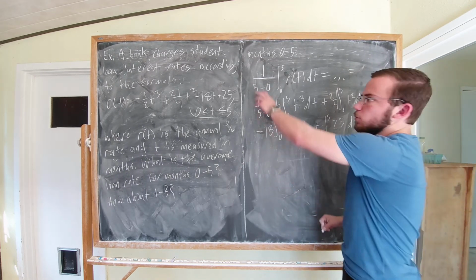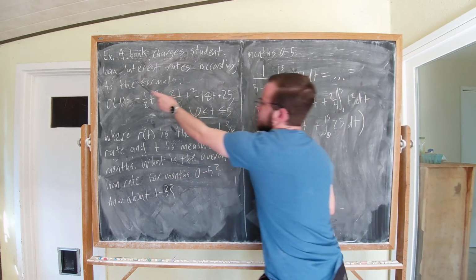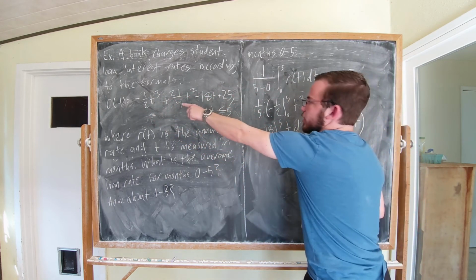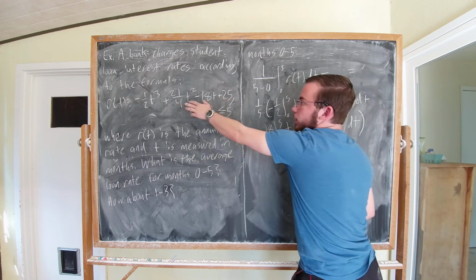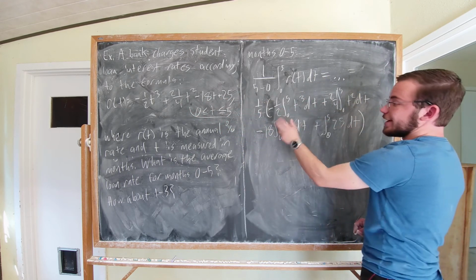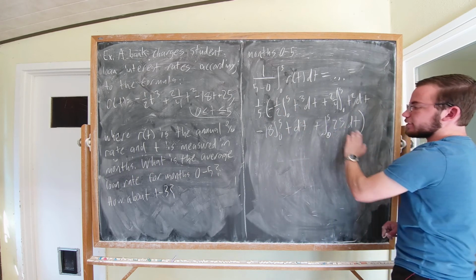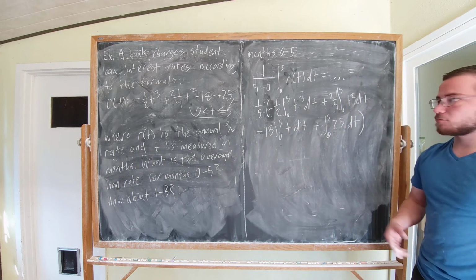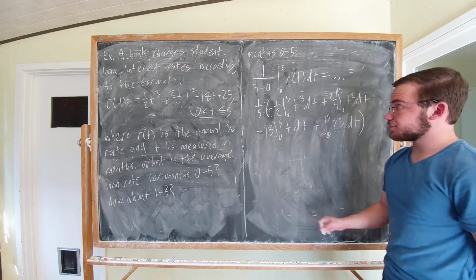So we have the 1/5 in the front times each piece apart: 1/2 t cubed, 21/4 t squared, negative 18t, 25. Let's evaluate all those integrals.